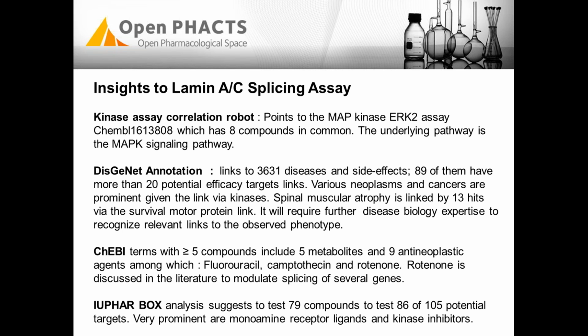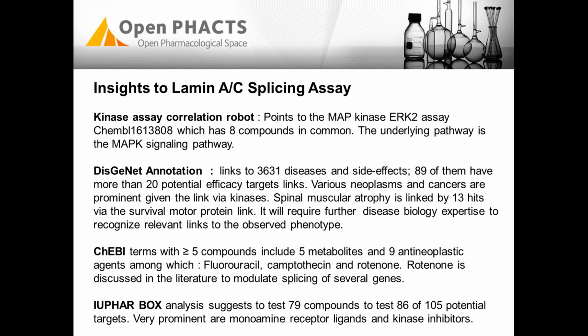Then the UFA box analyses suggest to test 79 compounds to test 86 of the 105 potential targets. And again, very prominent here are monoamine receptor ligands and kinase inhibitors. So this, of course, has to be taken with a grain of salt. We have not analyzed negatives in this analysis. We have only looked at positive hits.